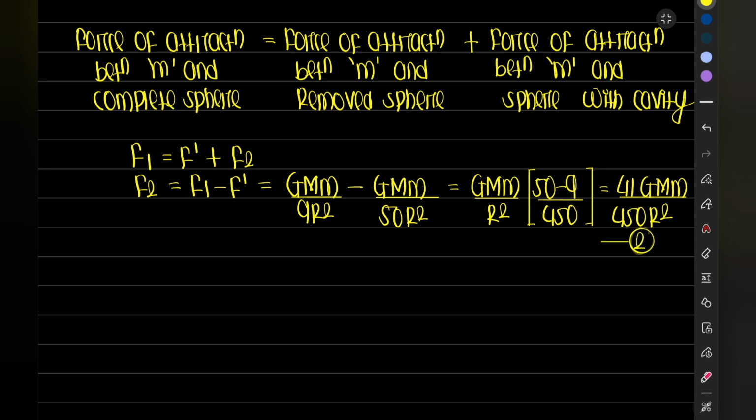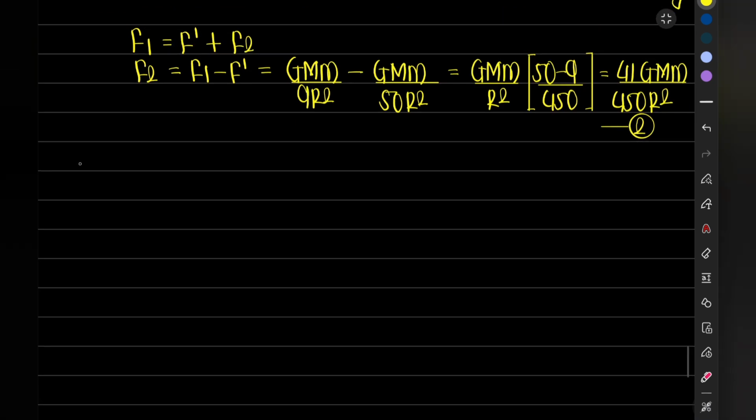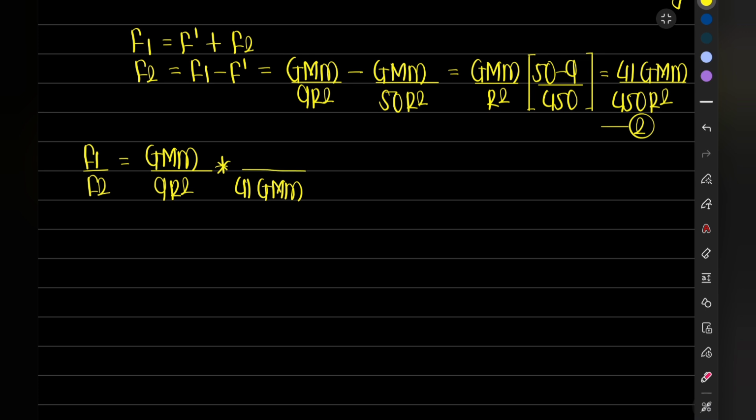Now what we want to find is the ratio of F1 by F2. The value of F1 is G capital M small m by 9r square, whereas F2 is basically 41 G capital M small m by 450 r square.